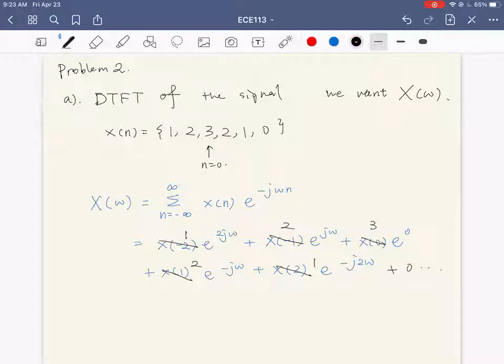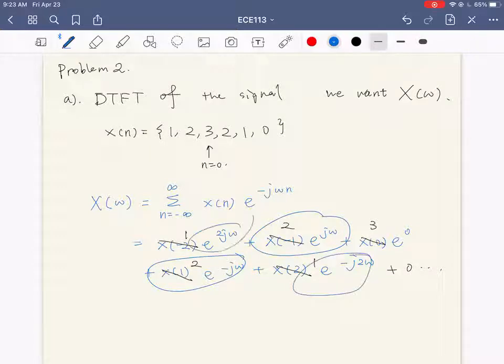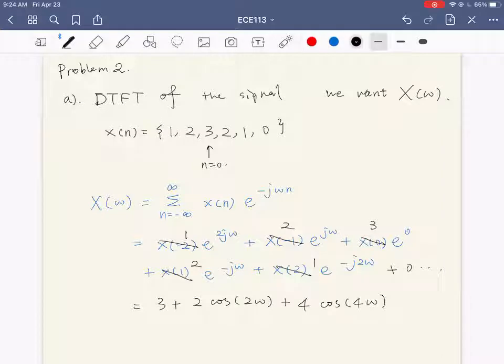Great. So you see that we can combine the e to the j omega and e to the minus j omega, and similarly for these two terms. I'll combine them. Great. So we are done with problem A.